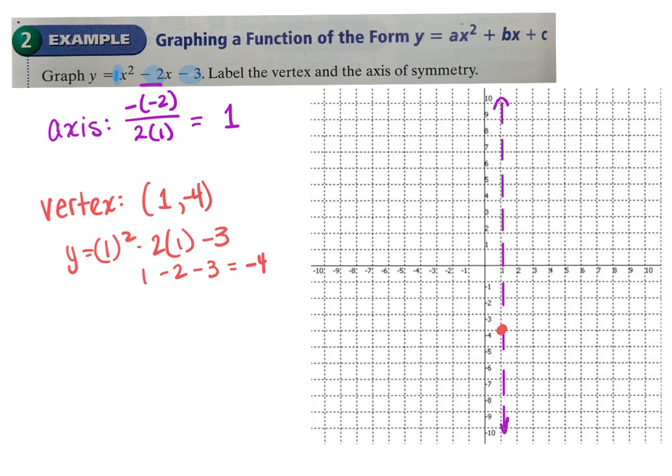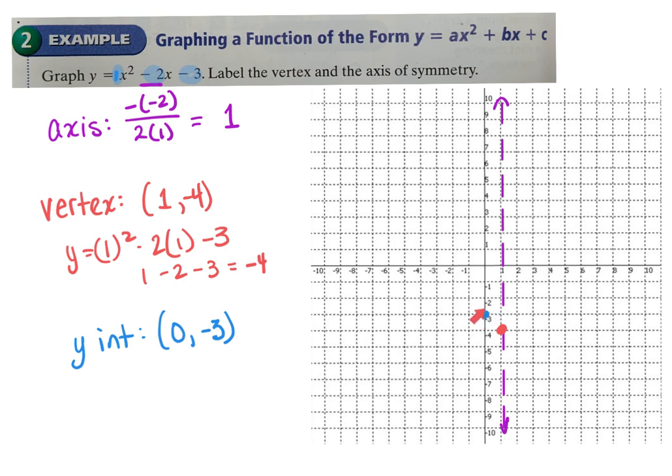All right? And then the last thing I'm going to find is my y-intercept. My y-intercept is really easy. It's going to be the point 0 and then my C value, which is negative 3. And so I go to 0, negative 3, and I'm going to plot that point there. I know that if I have that point, it should mirror across.